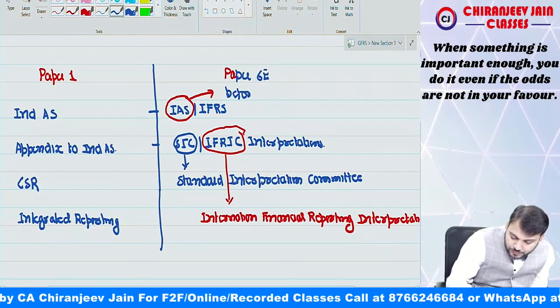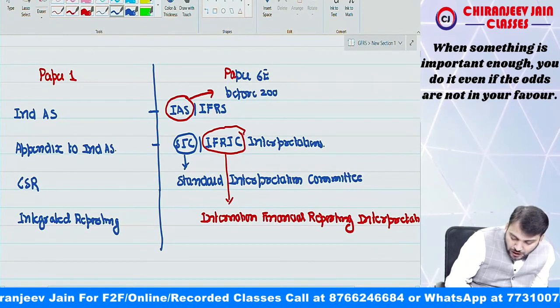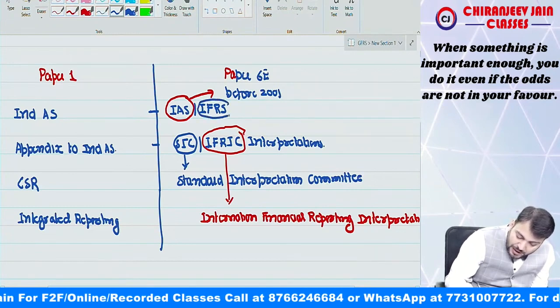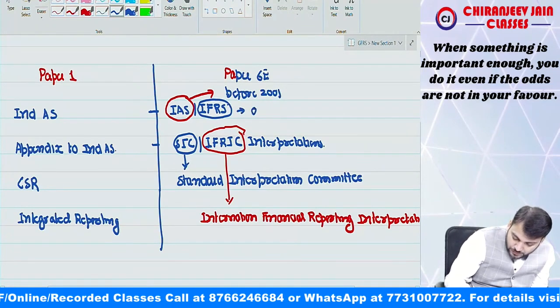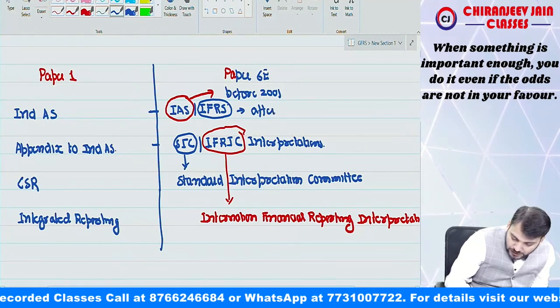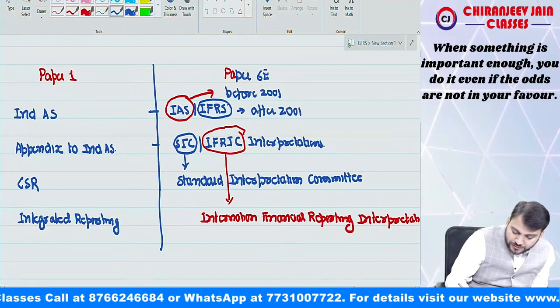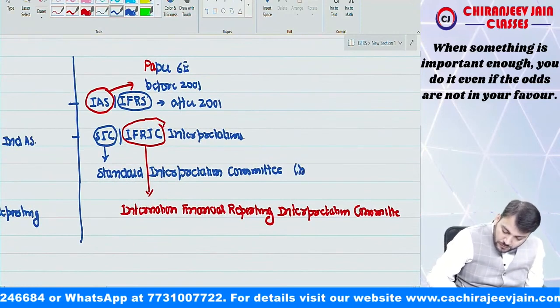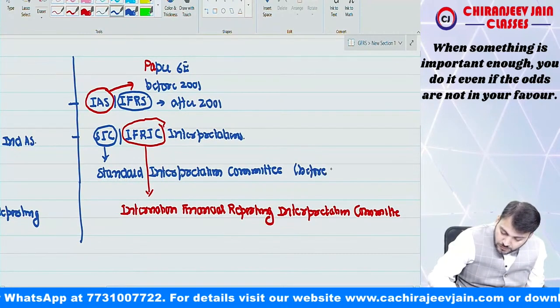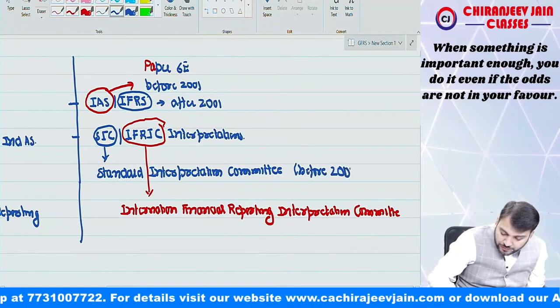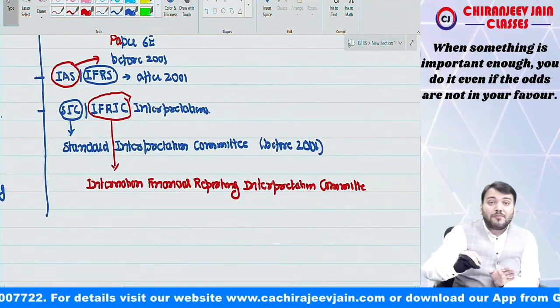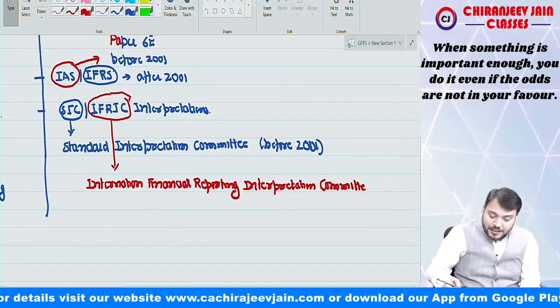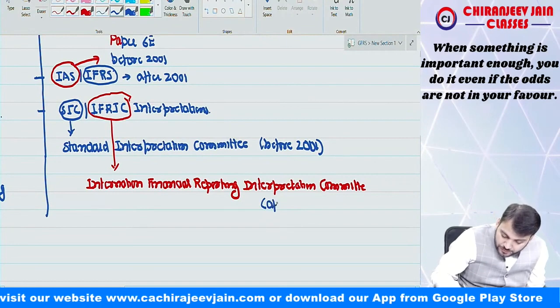Before 2001 it was IAS, and IFRS is after 2001. Similarly, SIC is before 2001, and the International Financial Reporting Interpretation Committee is after 2001.